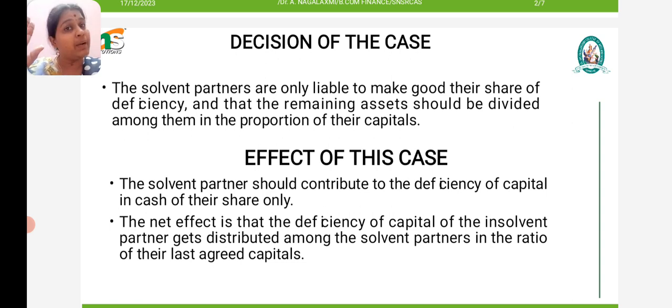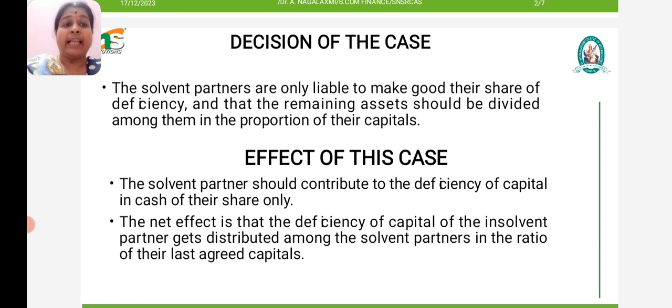Who are the solvent partners? Garner and Murray. The insolvent partner is Wilkins. And the remaining assets, if anything is left, have to be shared by the solvent partners only in capital ratio. This is the decision given.